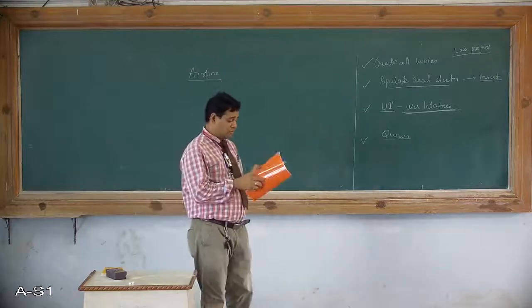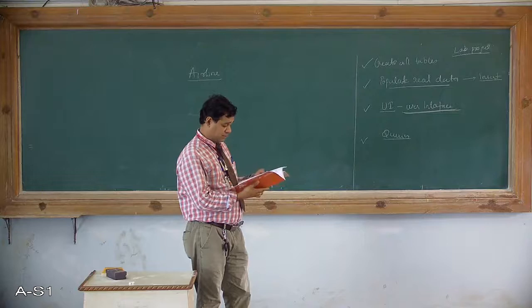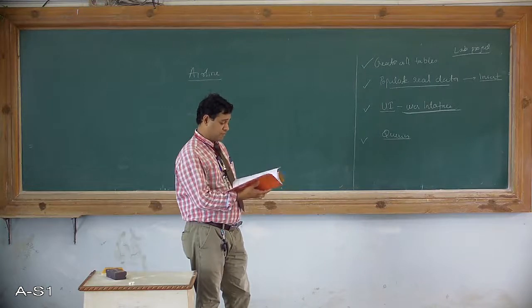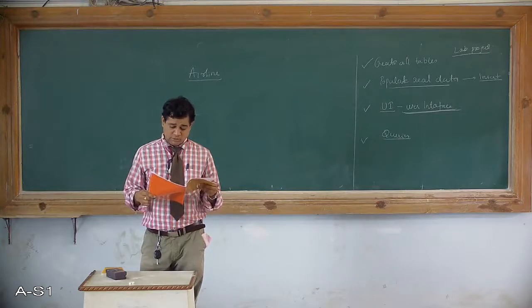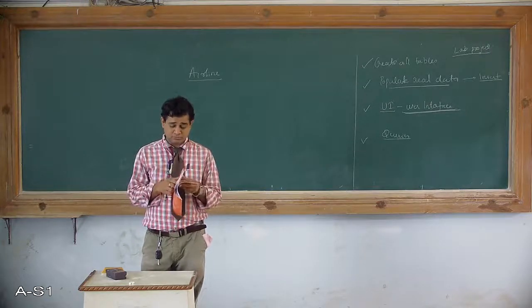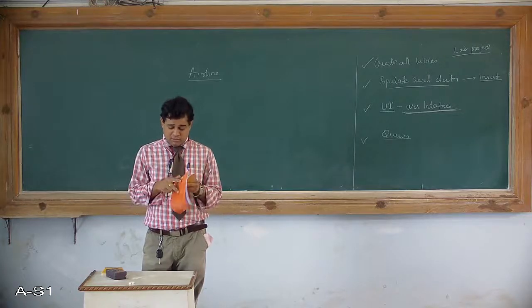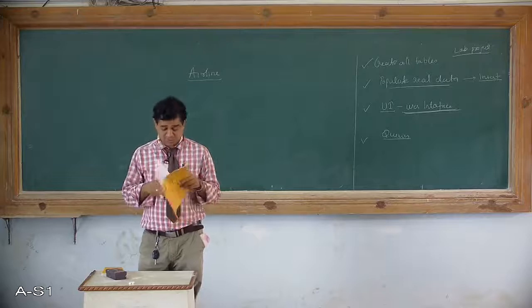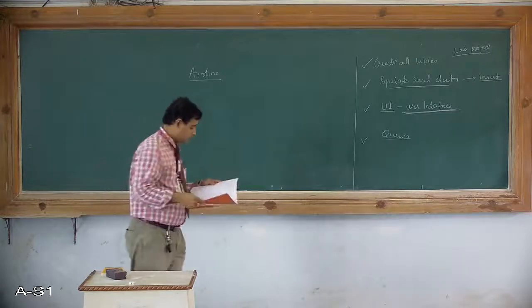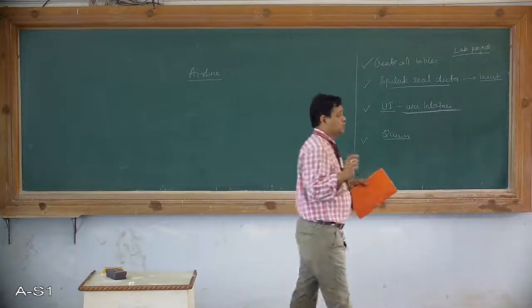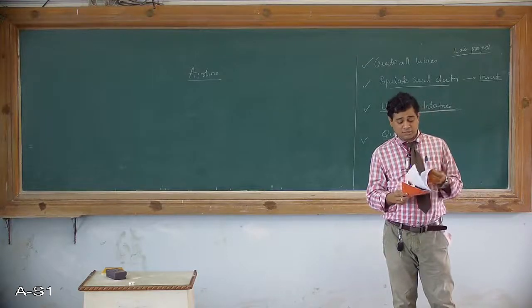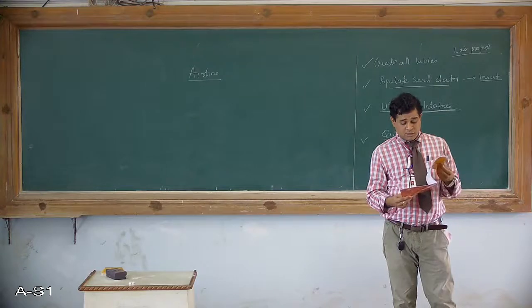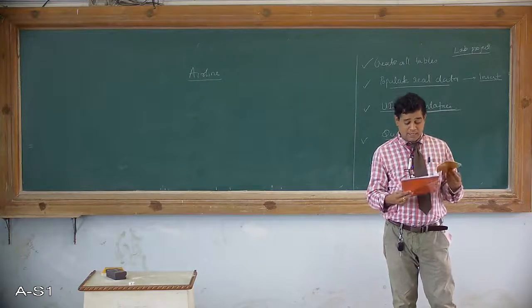So in the third, fourth, and fifth experiments, as compared to our previous two problem definitions, here there are no problem definitions. Directly there are tables, that is, the tables are directly given to you.